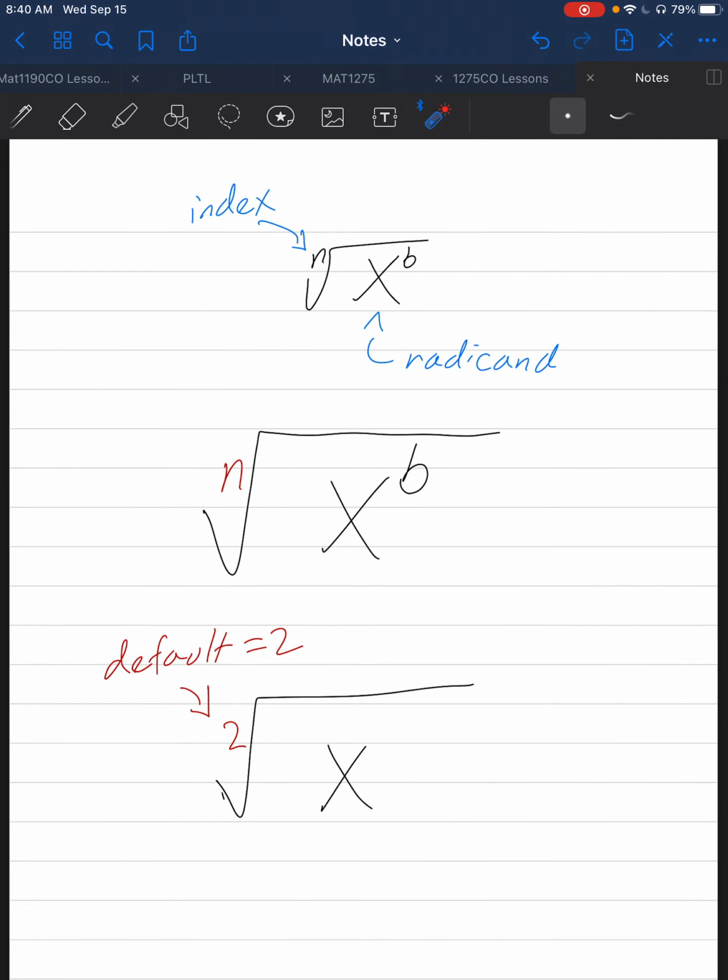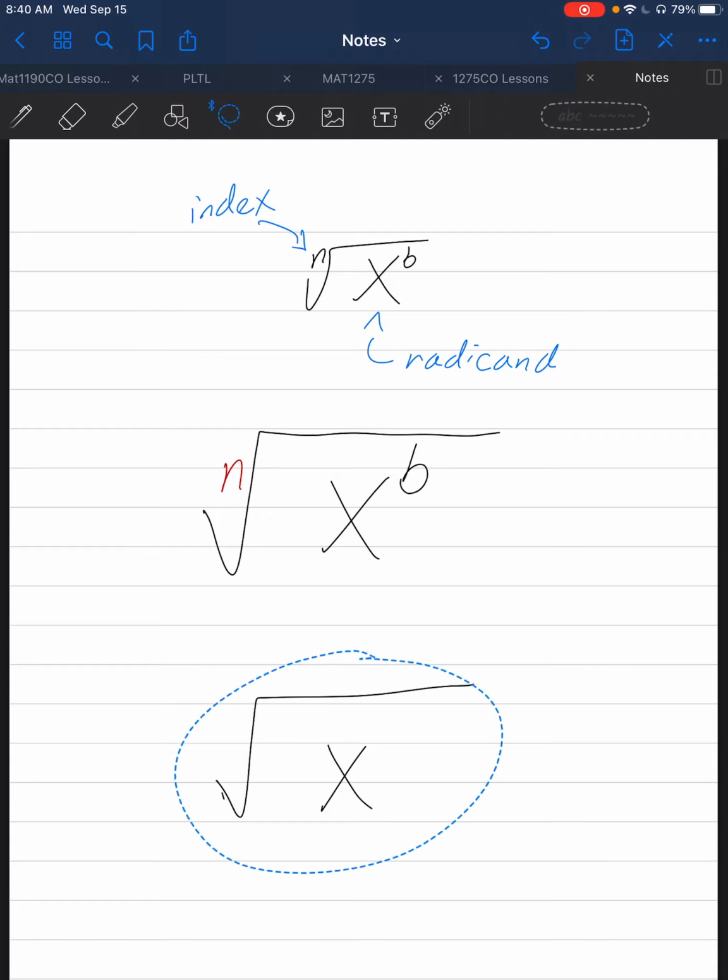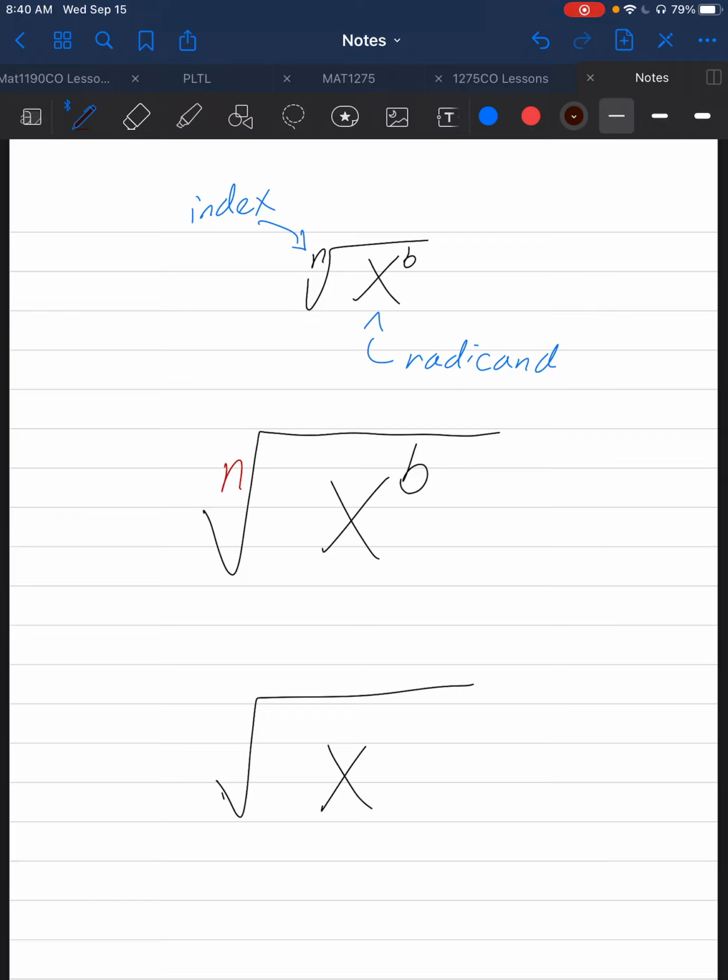The reason why you usually don't see it is because you usually see it like this, which is a square root, right? A square root symbol, a radical symbol, most of the time is given something like this. This is the square root of x. Now, just like denominators of 1, exponents of 1, coefficients of 1 usually don't have to be written down, the same thing holds true for an index.